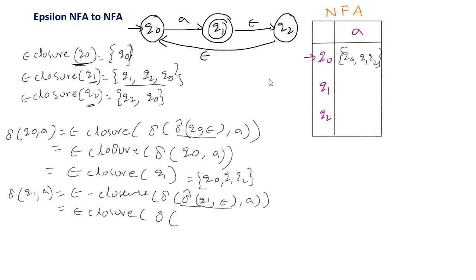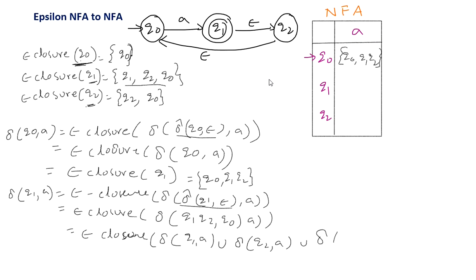It is already calculated, that is Q1, Q2 and Q0 on A. That means epsilon closure of delta of Q1, Q2, Q0 on A means delta of Q1 on A union delta of Q2 on A union delta of Q0 on A.